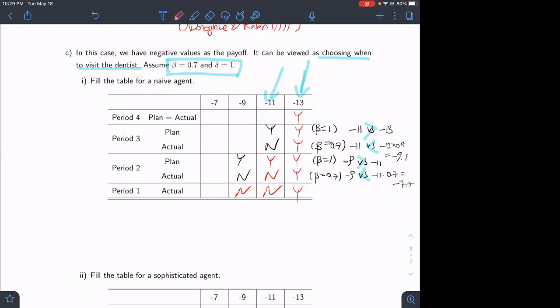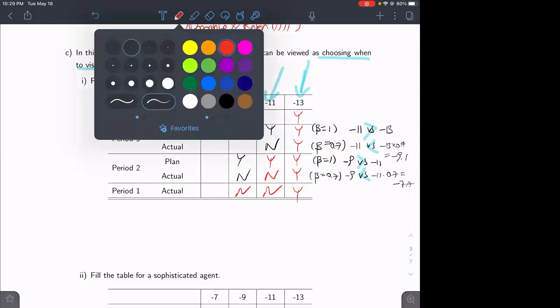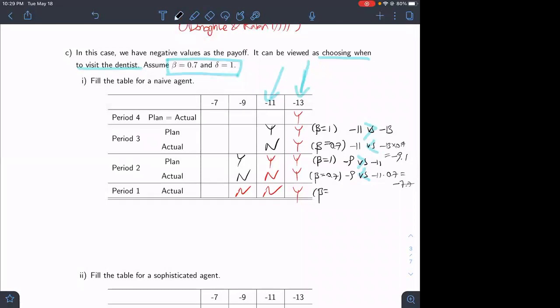And then let me go to period 1. Beta equals 0.7. So we are comparing -7, which is the pain now, versus he's thinking that if I don't go to the dentist now, then he is gonna visit the dentist next week, which is wrong.